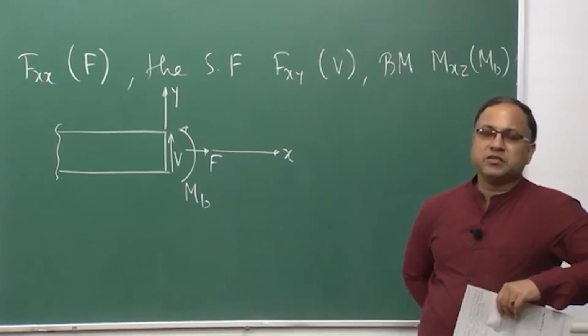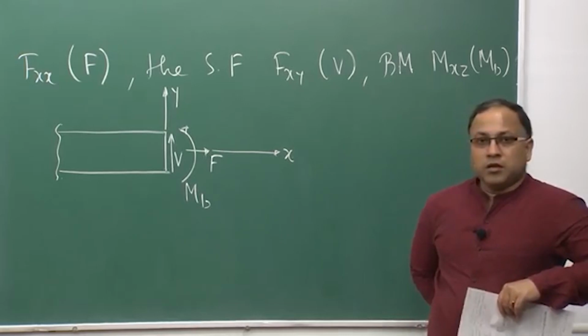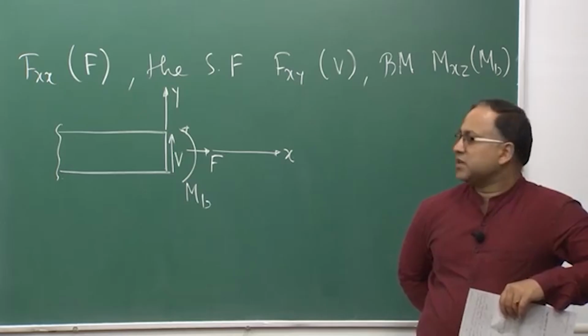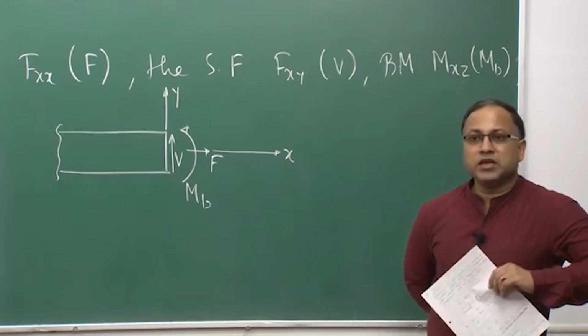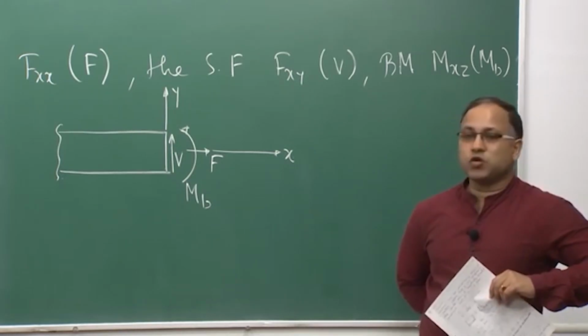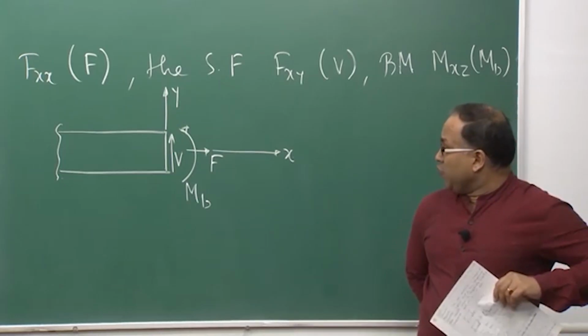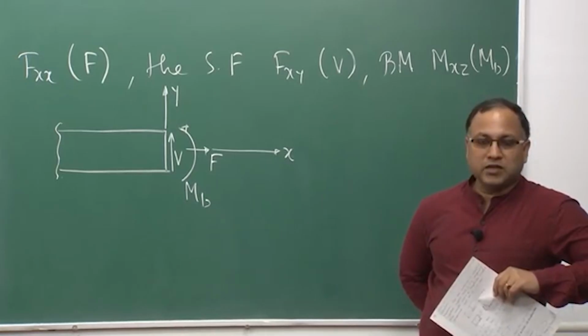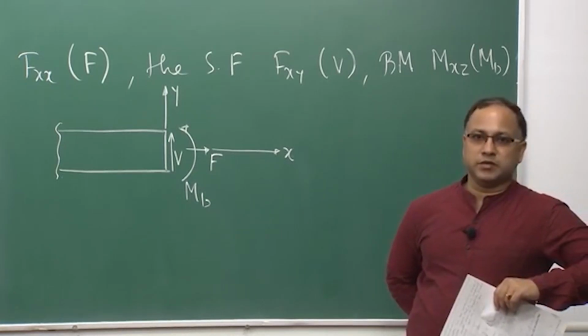In this chapter we will mostly consider loading in the xy plane, and we will try to solve this kind of slender member and obtain the unknown axial force, shear force and bending moment.